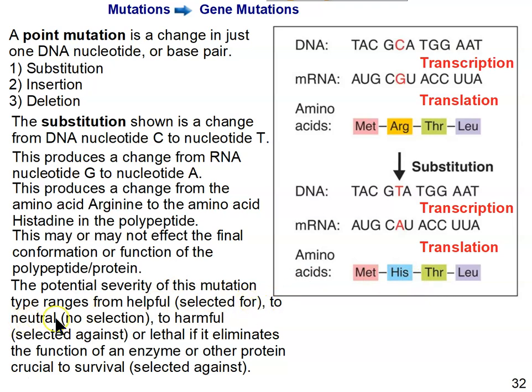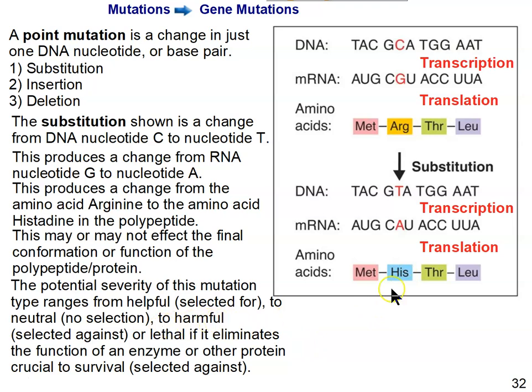They can also be neutral, and natural selection won't act on them at all because they don't make any difference at all. So if this change from arginine to histidine makes absolutely no difference in the function of the protein, then it can stay, and it can be passed on to offspring, but it's not really going to be selected for or selected against. It's neutral.